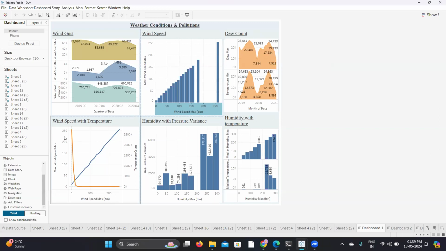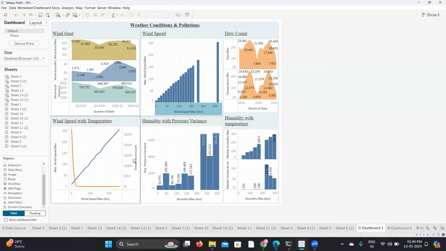So next we have wind speed with temperature. This line graph illustrates the relationship between maximum wind speed and the temperature. The x-axis represents wind speed max bins, while the y-axis has dual scales showing both wind speed and temperature count.